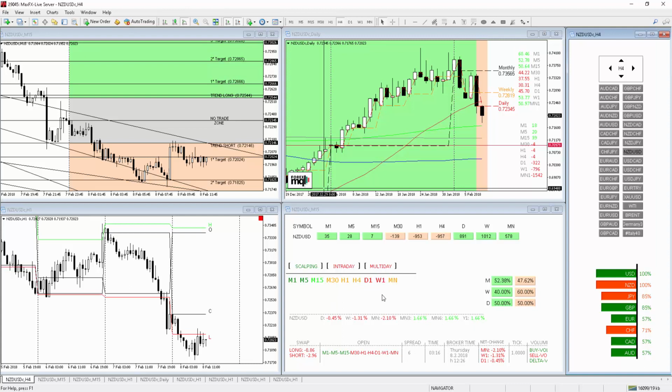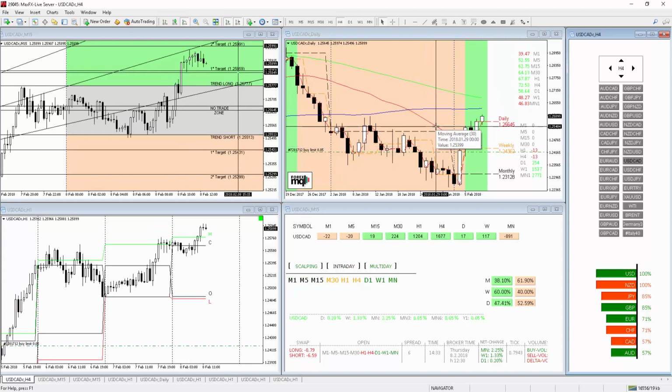We have a percentage confluence up to the monthly level and the RSI is below 50 from M30 to the daily. We have the best and worst currencies on the market so far: a confluent US dollar against a 100% short New Zealand dollar. So should the market remain below 0.7214, we may have a continuation of the bearish impulse.